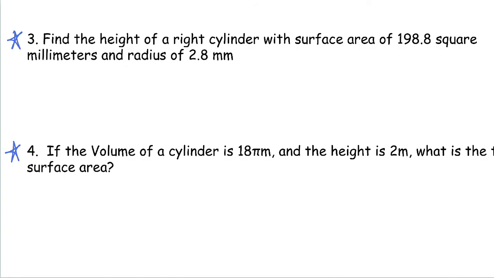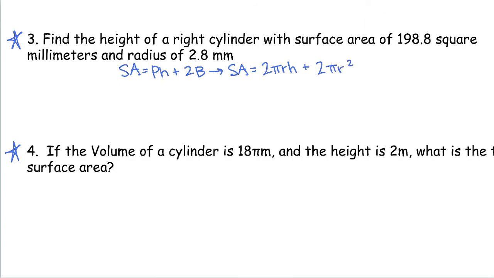So if it gives us the surface area, I want to write out that my surface area formula is 2πrh plus 2B, and I want to expand that. So my surface area, the perimeter of a circle is 2πr, and then times the height, plus 2, the area of the base is πr squared.